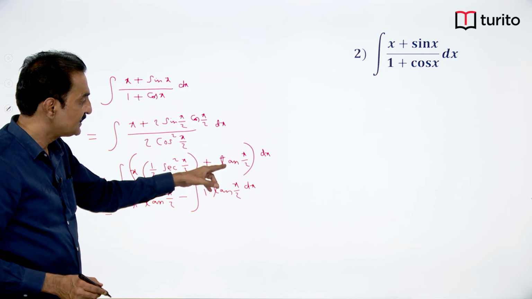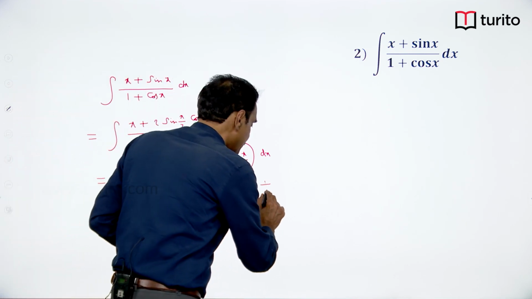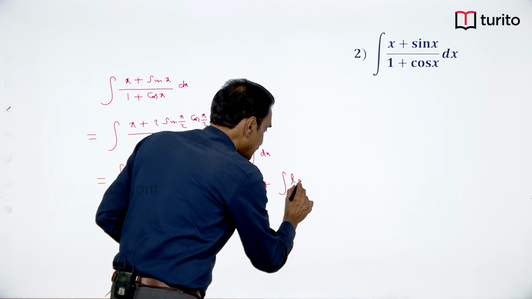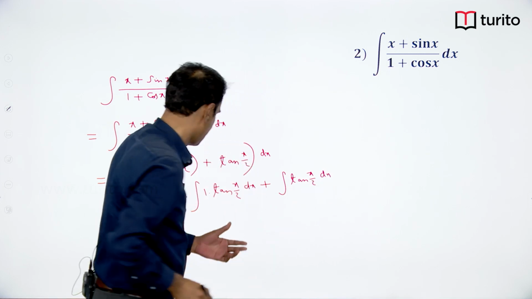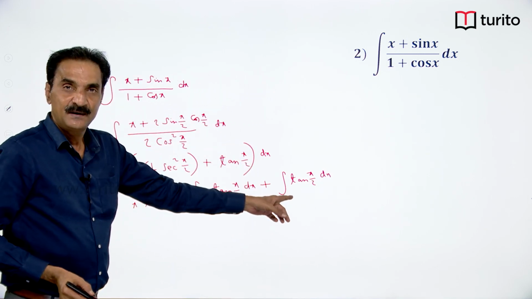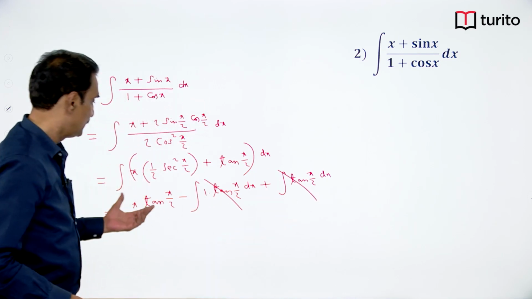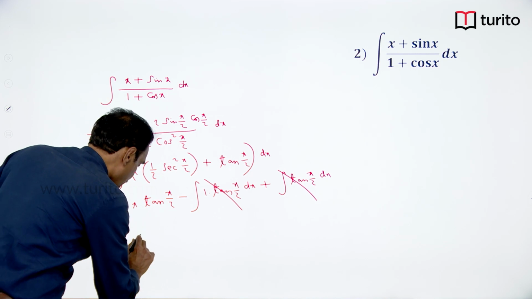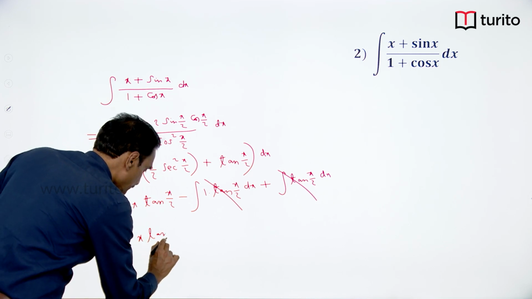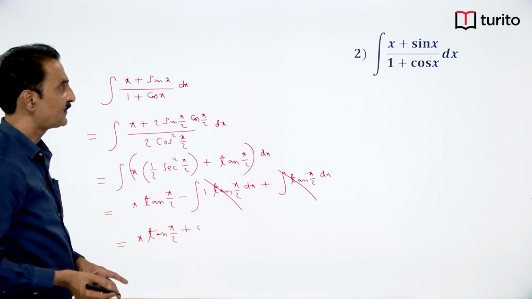Write the second term as it is, integral tan x by 2 plus integral tan x by 2 dx. Now you see this tan x by 2 gets cancelled. So answer is x tan x by 2 plus c.